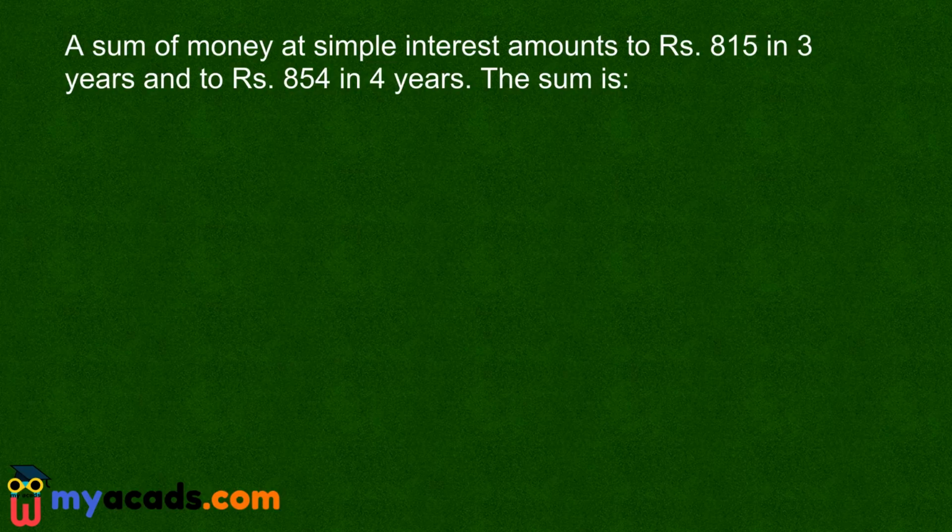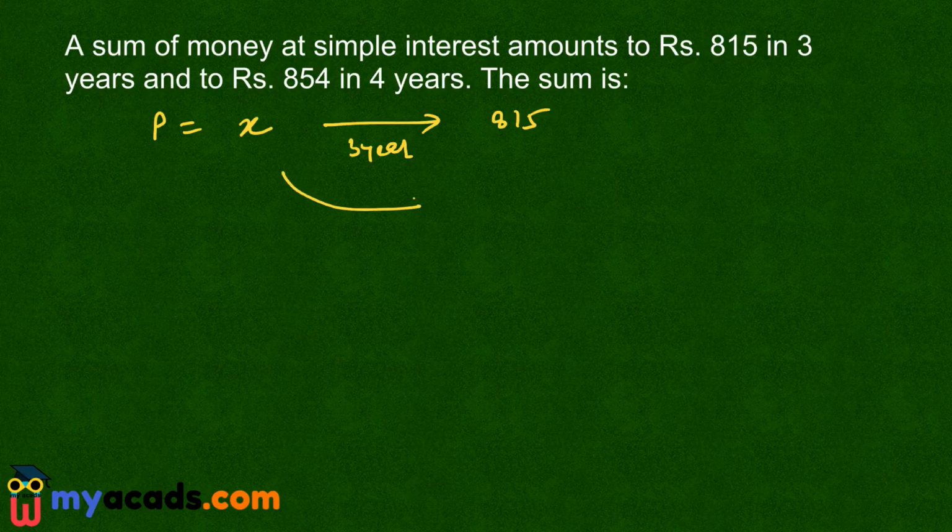Let's solve this question. My question is a sum of money at simple interest amounts to rupees 815 in 3 years and to rupees 854 in 4 years. The sum is dash. So let the principal amount P be X. I have to find the value of X. Now this principal X will equal 815 in 3 years and it will equal 854 in 4 years.